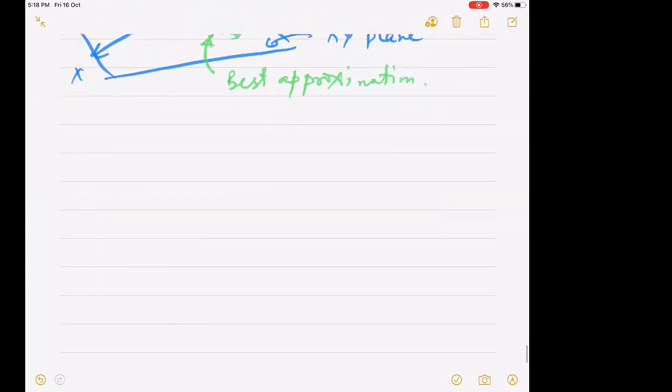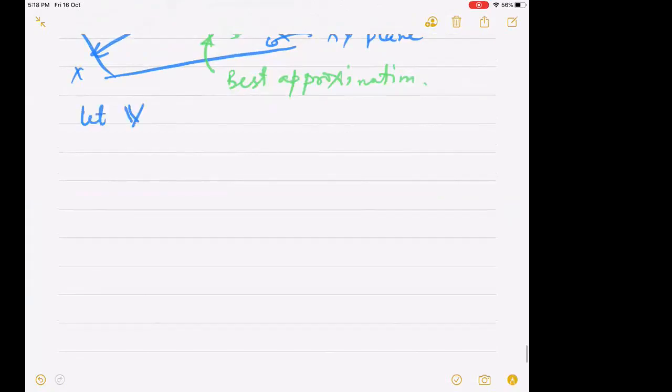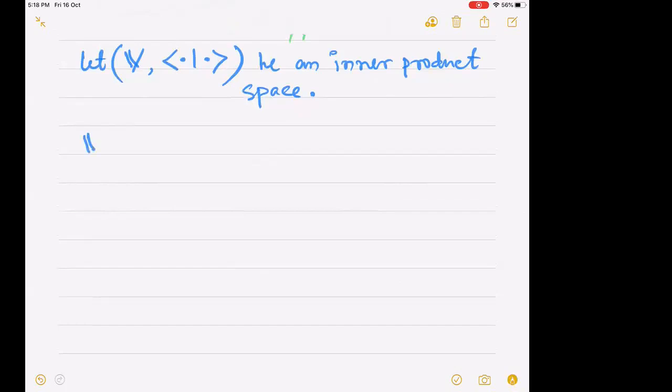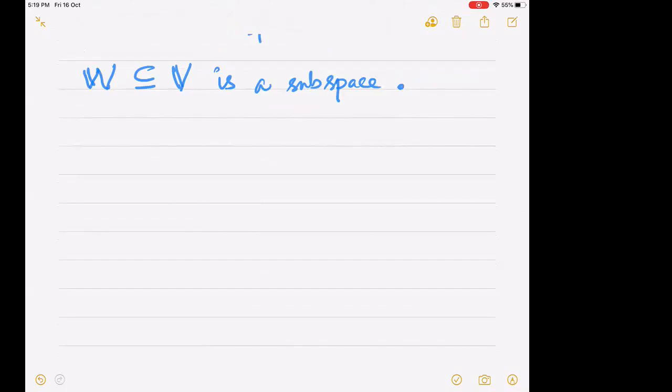So let V, together with this, be an inner product space, and suppose W is a subspace of V. Then let v in V be an arbitrary vector.